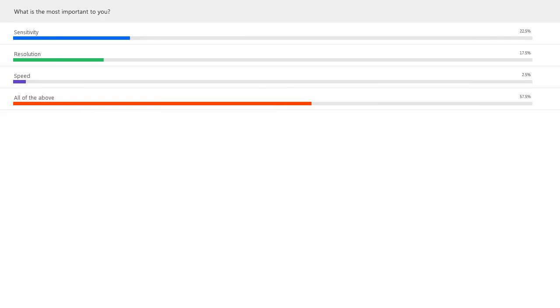All right. Excellent. This is really nice to see that we've got a lot of good scientists who are out for overall quality and performance. So the majority, almost 60% of you, go for having your quality performance in sensitivity, resolution, and speed. That's wonderful.